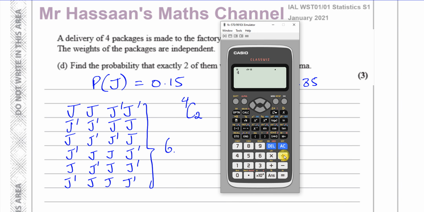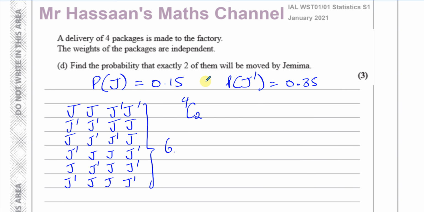We're choosing 2 from 4, all the different ways of getting 2. For example, we could be considering this as Jemima's from 4 altogether, 4C2, and you can see it gives us 6. So this is a quick way of working that out, if you understand combinations. These are all the different combinations of having 2 J's out of 4 items. So there's 6 different ways.